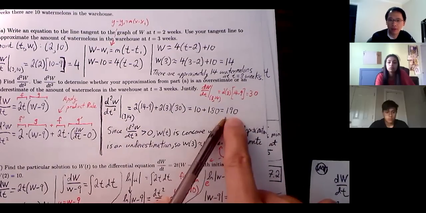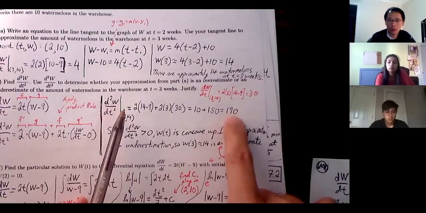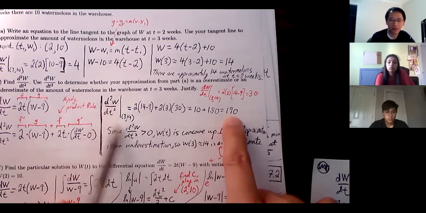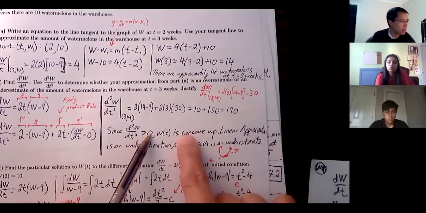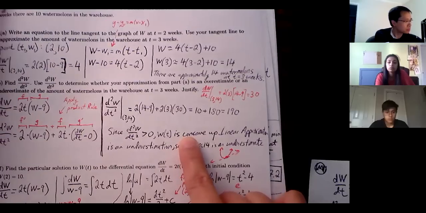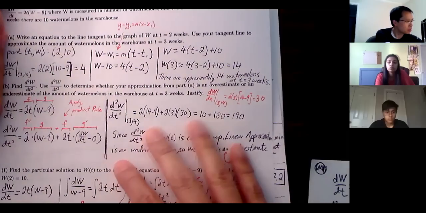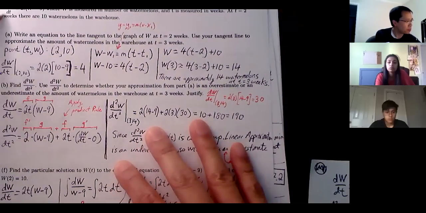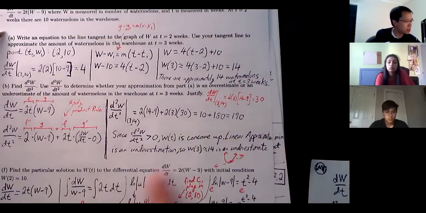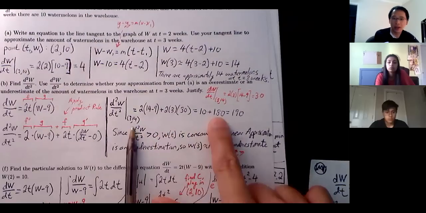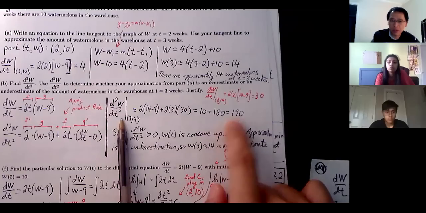So now we have to look: is this an over approximation or under approximation? If we look at our w of t here, yeah, we have a second derivative that is positive, right?